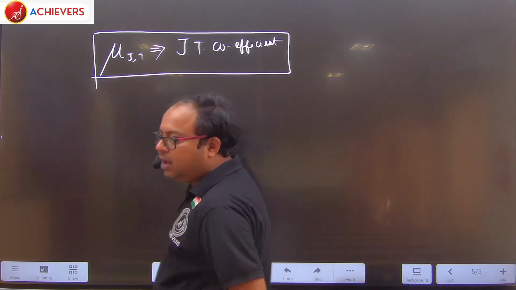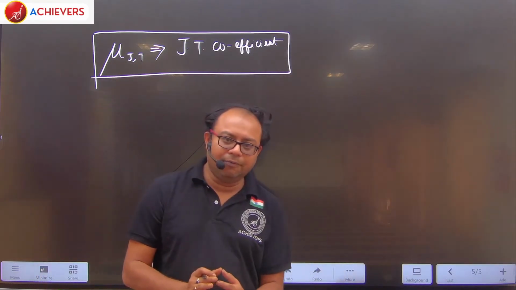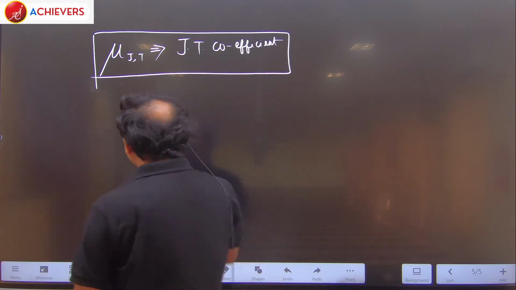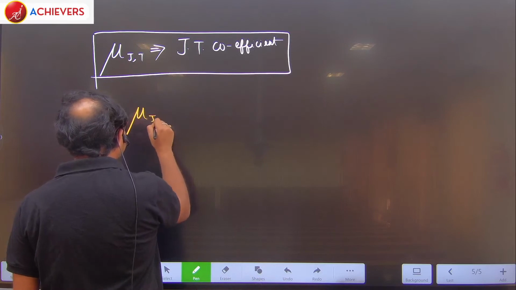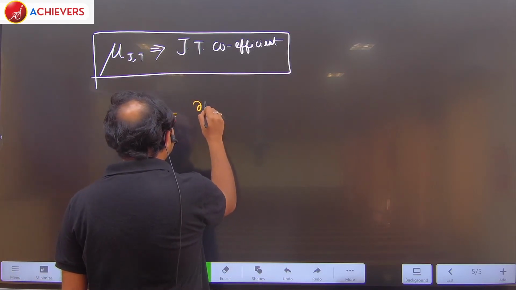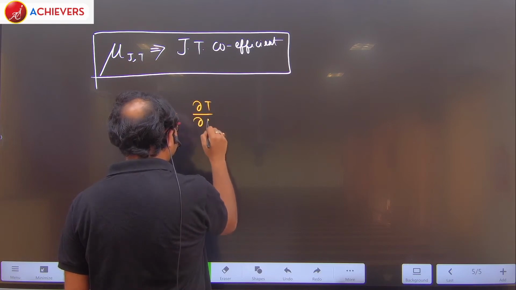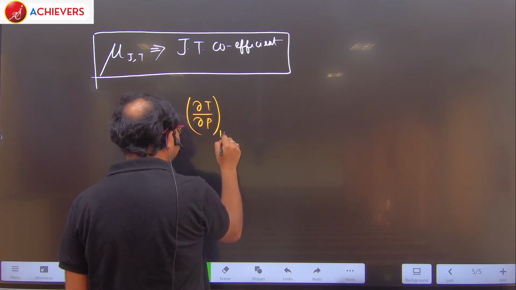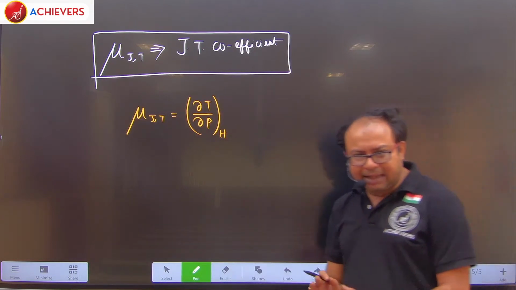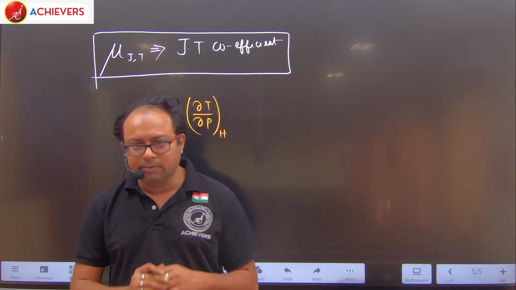Now, according to the fundamental definition of the Joule-Thomson coefficient, mu JT is equal to del T del P at constant H. This is the fundamental mathematical definition of the Joule-Thomson coefficient.